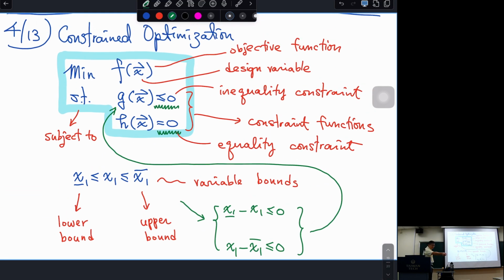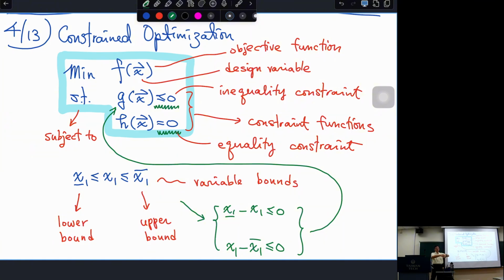So when you are designing the thickness of the plate, the lower bound has to be 0 or even higher value. Because if you design a plate with 0 thickness, that means no design. And maybe the thinnest plate that you can manufacture is 2 millimeter. So your x1 lower bar can be 2 millimeter because you cannot make a 1 millimeter thick plate.